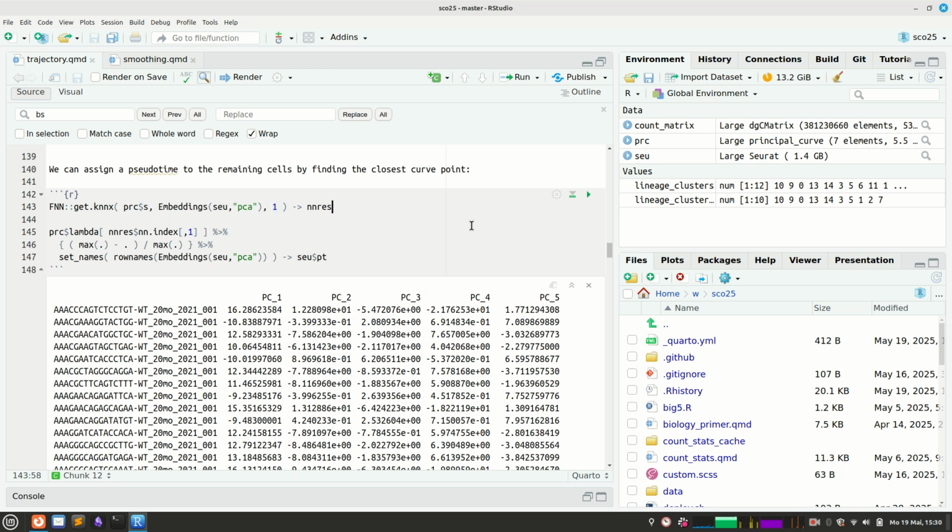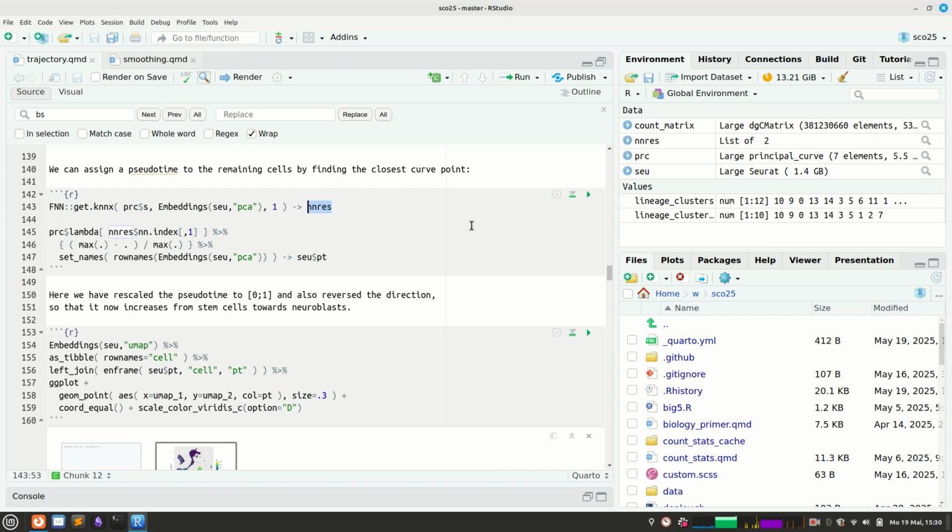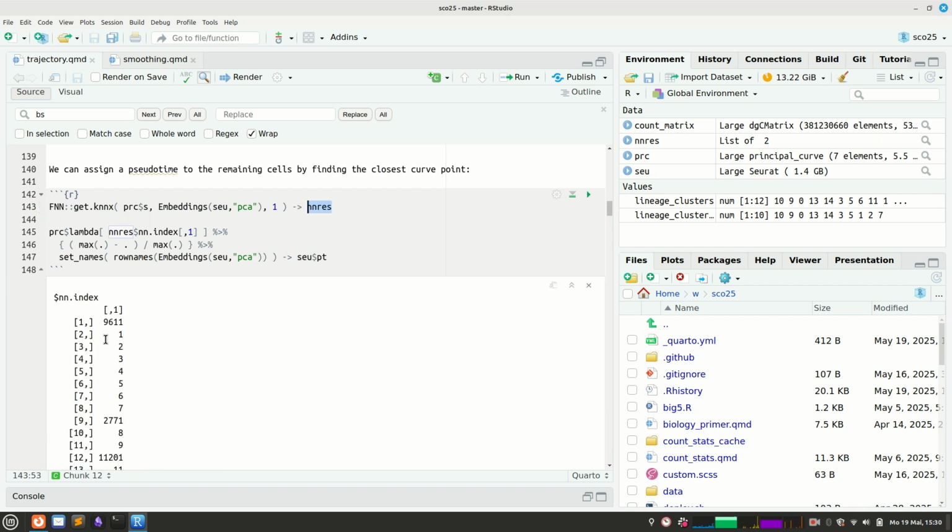If I do this, then for every cell, it gives me the nearest neighbor on the curve. And of course, if a cell is on the lineage, then, for example, the fourth point will be close to the fourth point on the lineage. There's 3 here because the lineage seems to have numbered its cells from 0, while the first cell wasn't in the lineage, so it gets added somewhere.